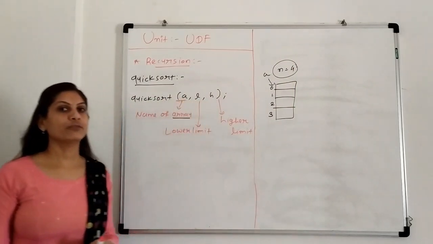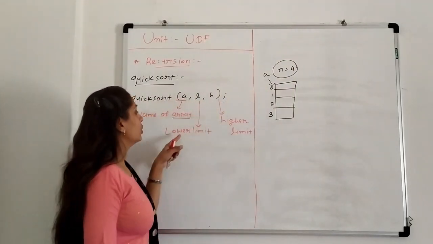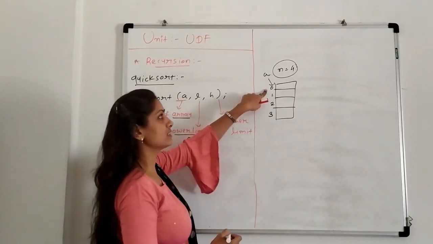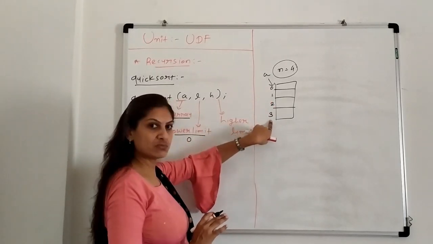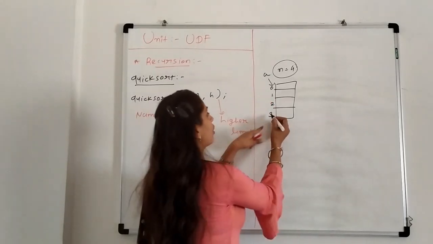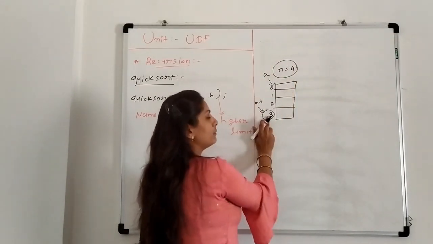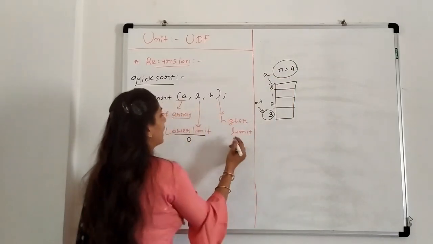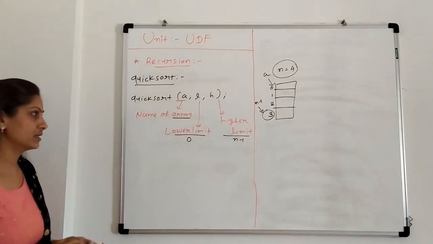This is the concept of an array. So for an array named A, the lower limit is always 0, because the array index always starts with 0. And the higher limit is always n minus 1. Here n is 4, so the higher limit is 3. If n is 5, then the higher limit is 4.